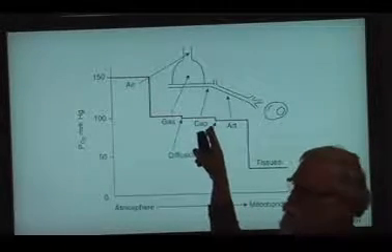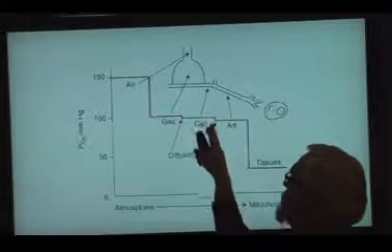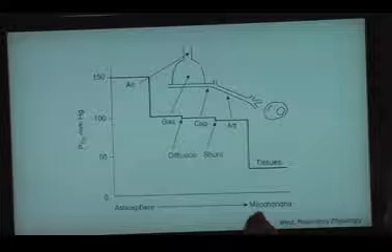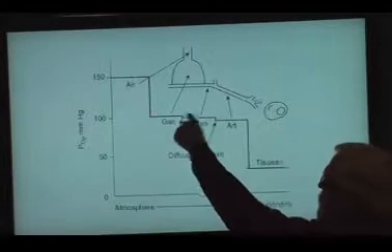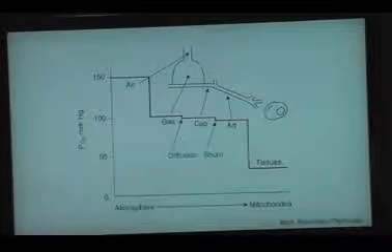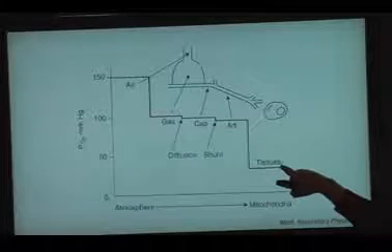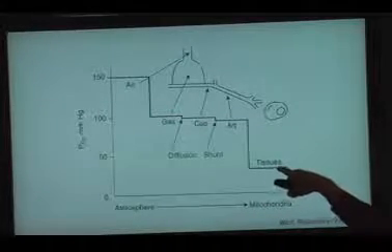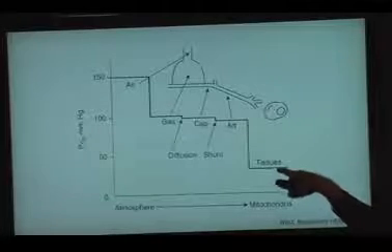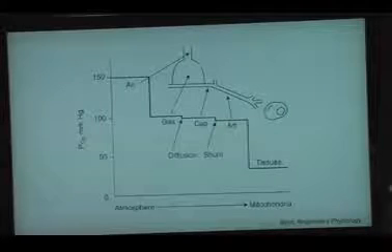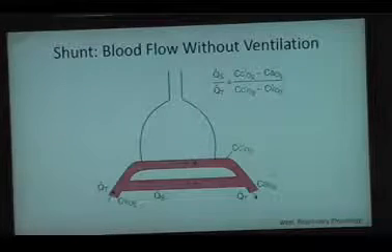And then we all have a small shunt, which may drop it a few more millimeters, so that then there is a gradient between the alveolar PO2 and the arterial PO2 of about 5 to 10 millimeters of mercury, as I pointed out before. And normally at the site of the tissues, the PO2 is about 40 millimeters of mercury. So there's about 40 millimeters of mercury PO2 driving oxygen into the cell to the mitochondria where the action occurs.